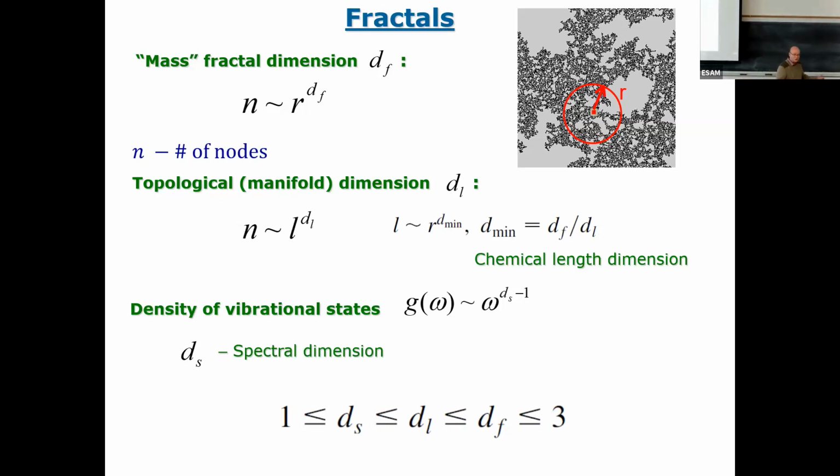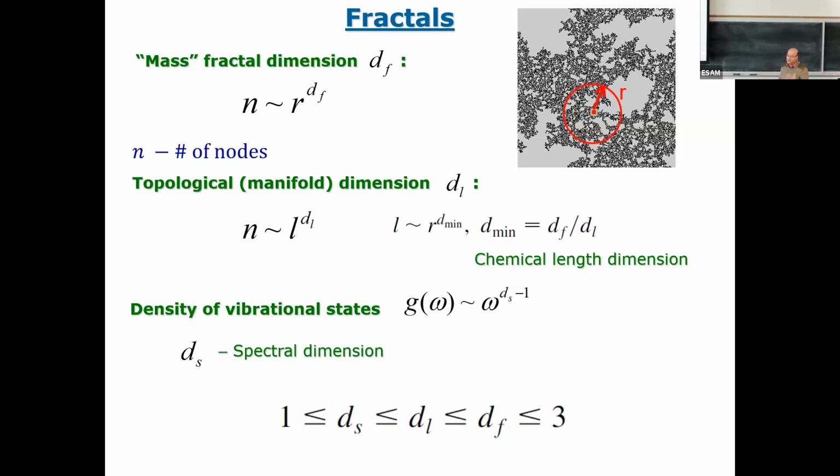In Euclidean dimensions, R to the D. And if there is a DF there, then it's called the fractal dimension or the Hausdorff dimension. But there are other dimensions, like the topological manifold dimension, which is the one really defined in the manifold. The easiest example is to think of a polymer that is folded.